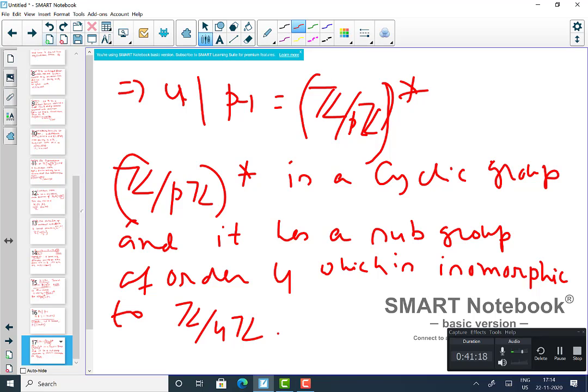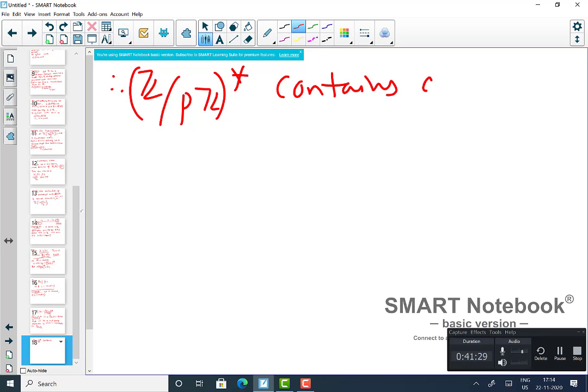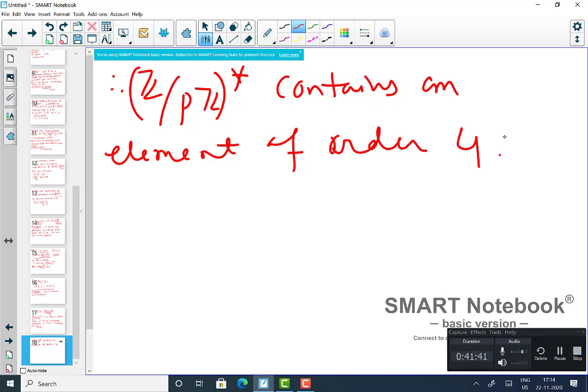So what does that mean? That means Z mod pZ star contains an element of order 4, right? Say, let me write down, say m.